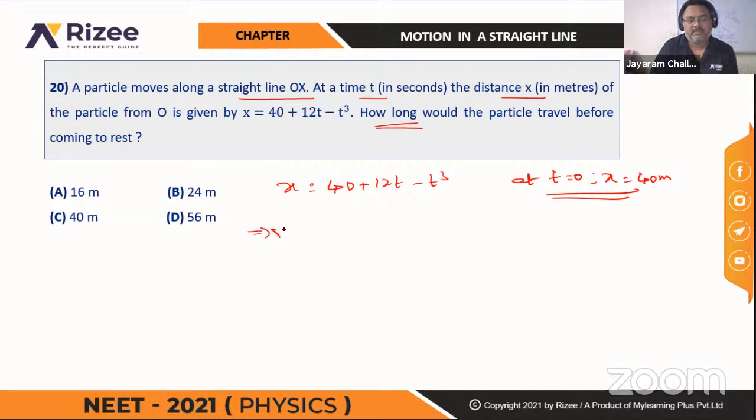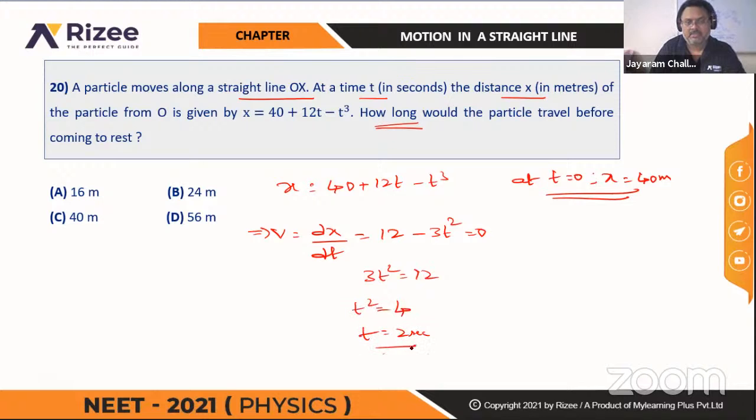Now when I differentiate for the velocity, v is equal to dx by dt, this turns out to be 12 minus 3t square is equal to 0. So velocity has to become 0, we need to find out the time. From here, 3t square is equal to 12, means t square is equal to 4, or t is equal to 2 seconds.